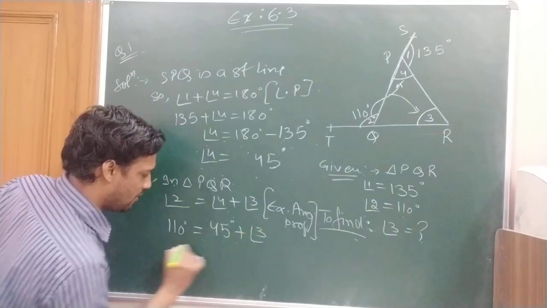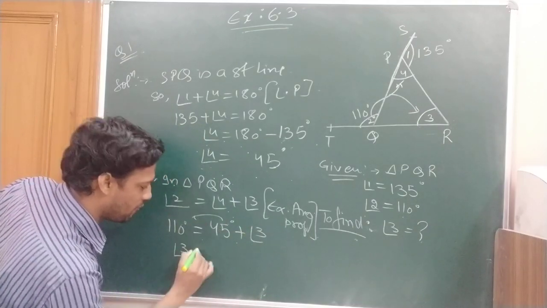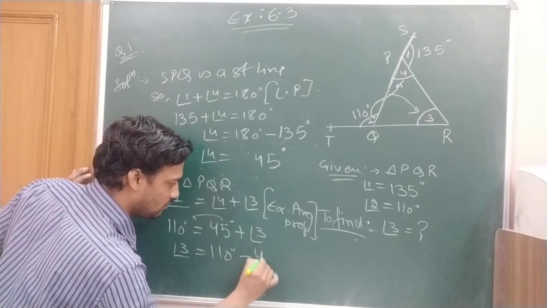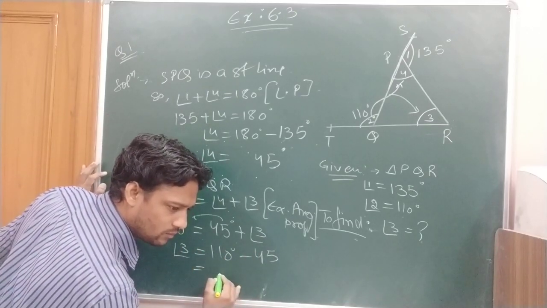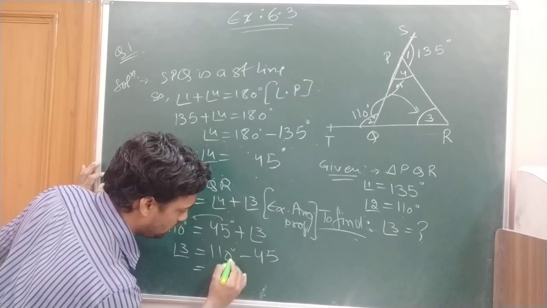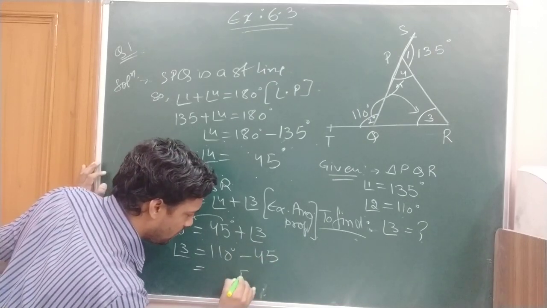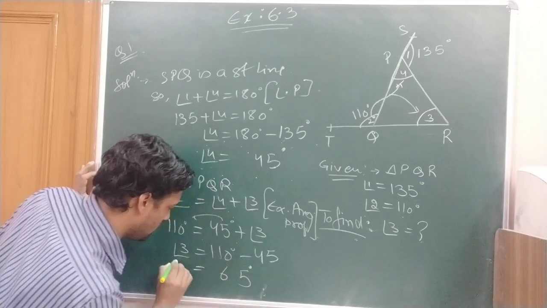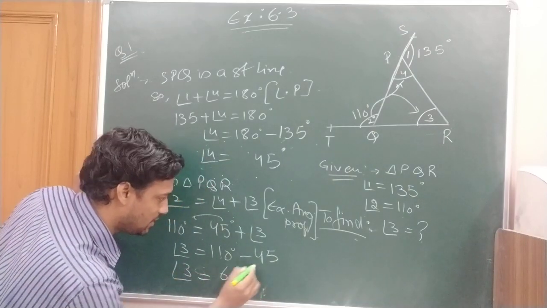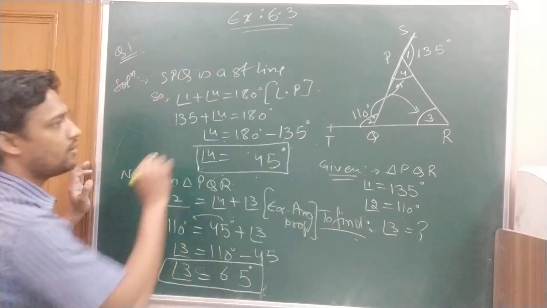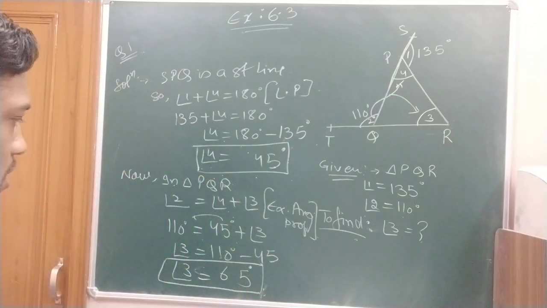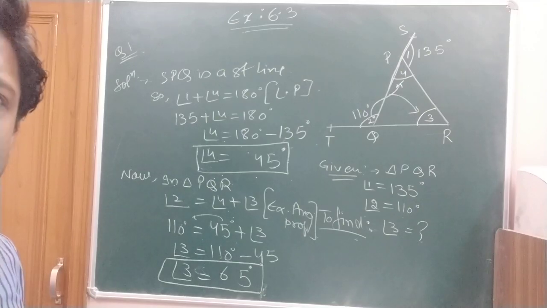Subtract 45 from 110, that comes to 65. So angle 3 equals 65 and angle 4 equals 45. In this way this question is complete. Okay, thank you students.